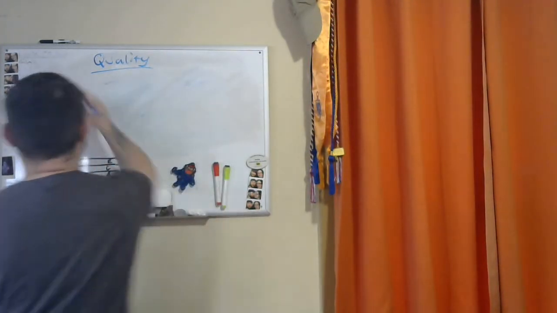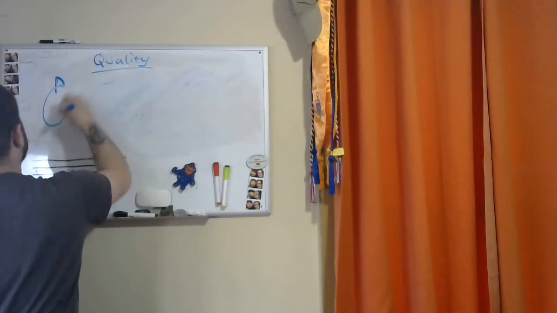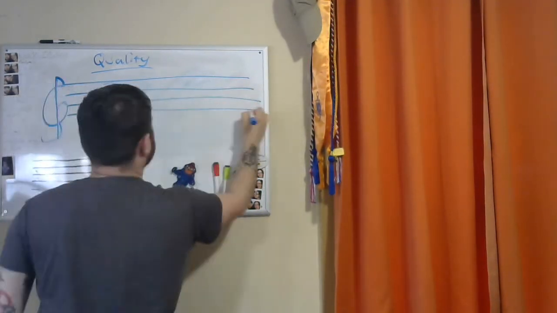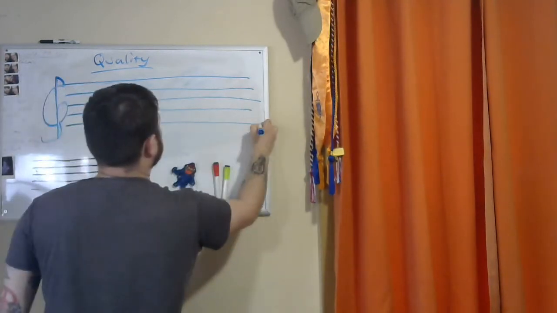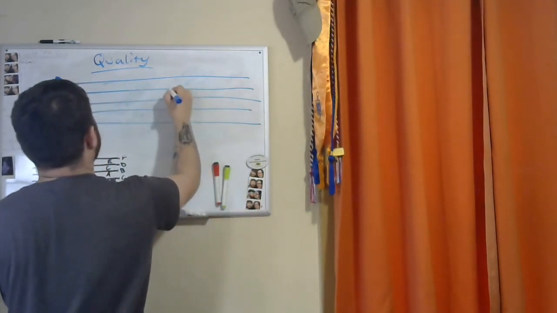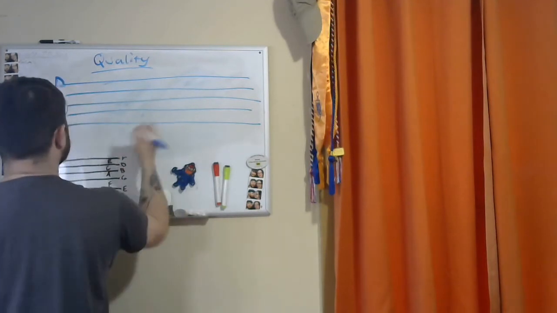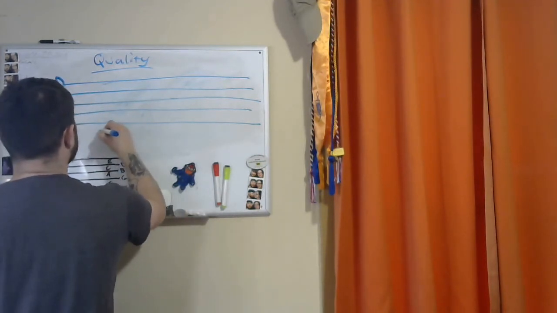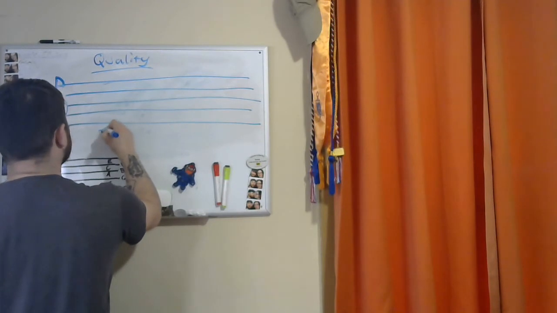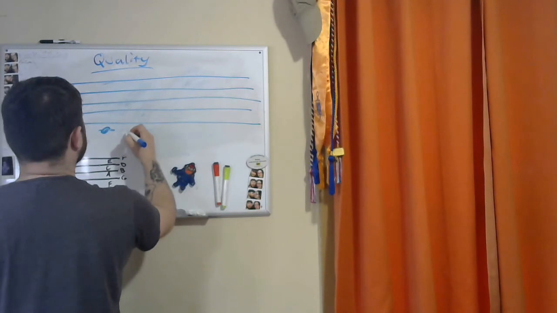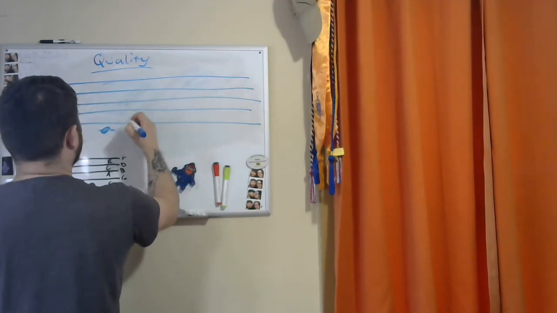Alright, so let's draw a treble clef. Let's draw our lines. And let's start with the tritone. So we'll draw C, which is one ledger line below the staff, and then we'll go to an augmented fourth.